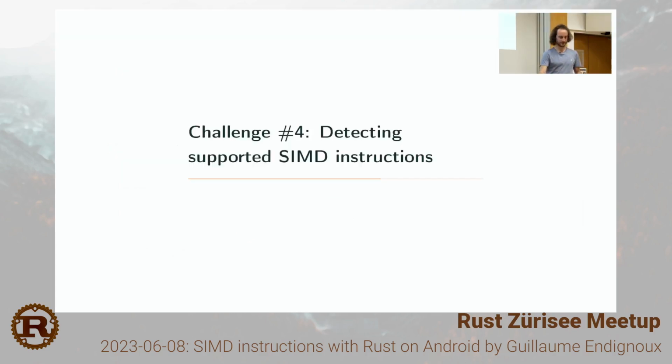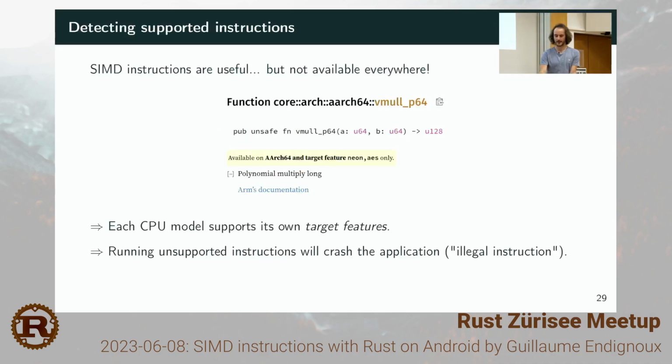All right. So after all these steps, I now have Rust code with SIMD running on my Android device, but I still need to detect which instructions are even supported. The reason for that is that these SIMD instructions are extensions on top of the CPU architecture.